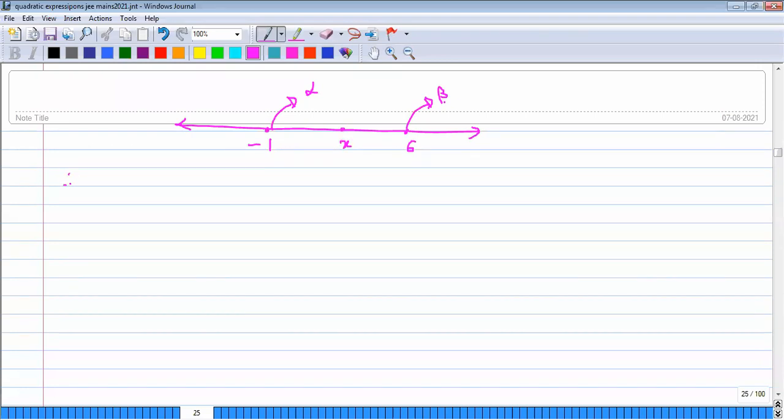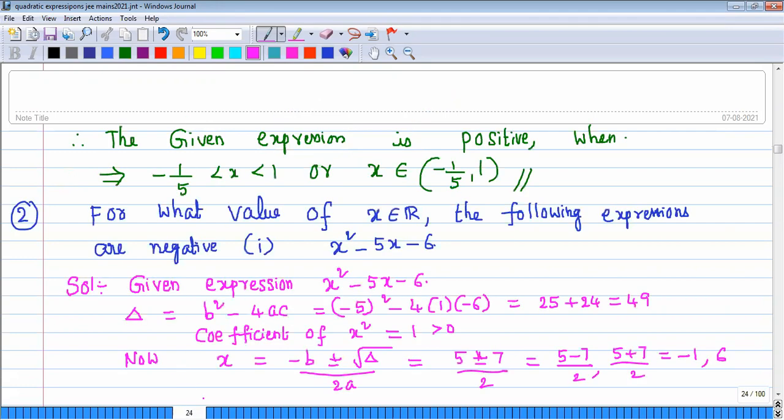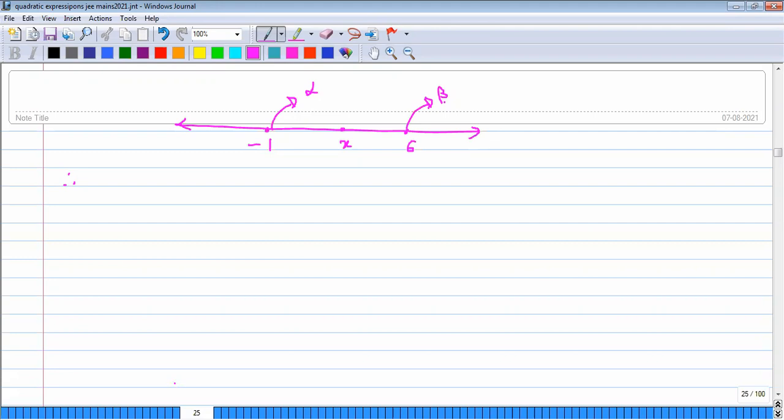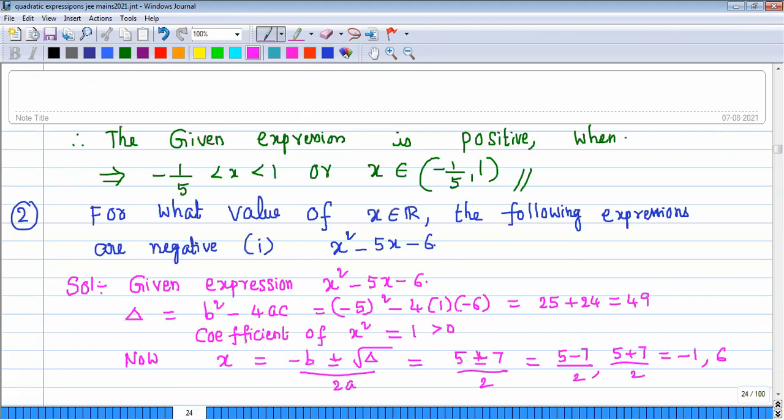According to the theorem, if the roots are real and x lies between alpha and beta, then they have different, opposite signs. X greater than alpha and less than beta is positive here, but we are asked for negative.